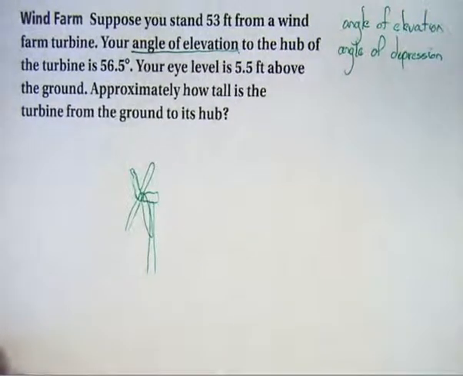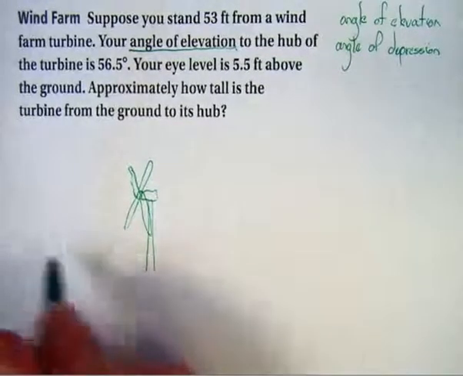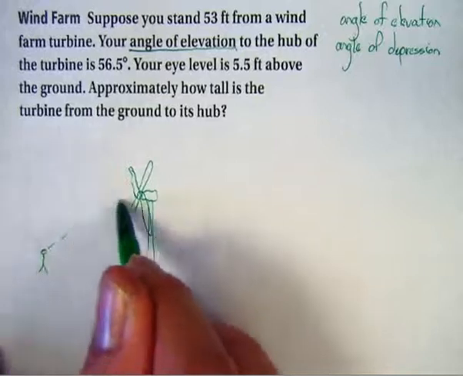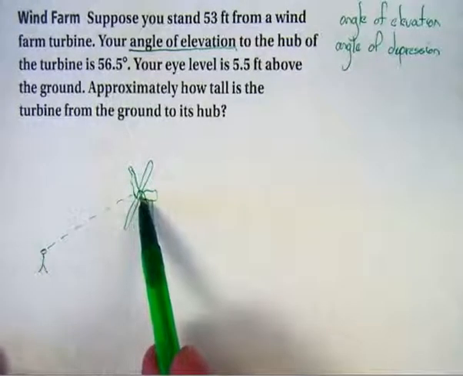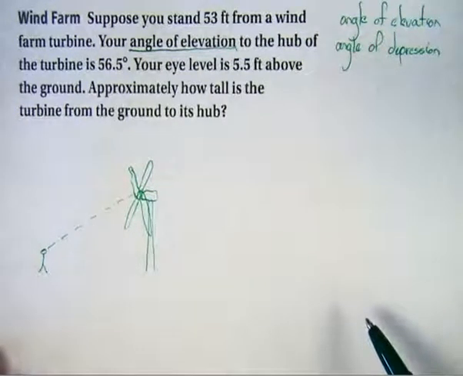So let's say that there is a wind turbine and you are standing there looking up at this turbine, and you're looking at the hub of it, which is where all the equipment is for generating the electricity.